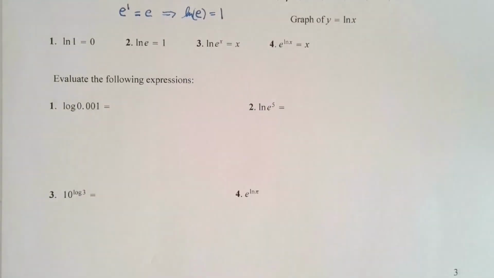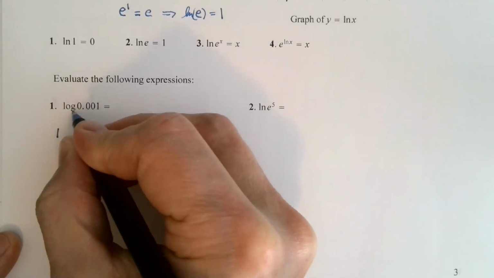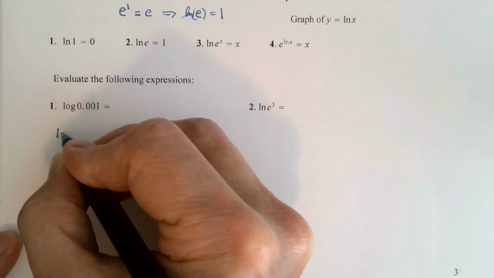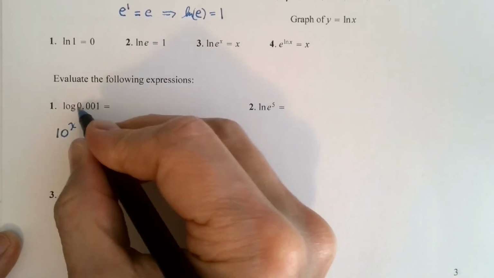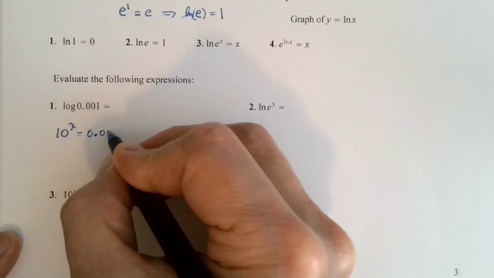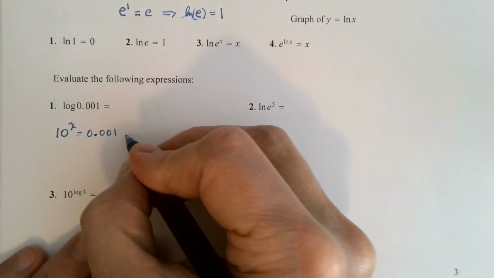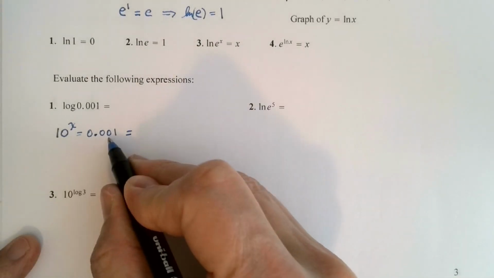What's log of 0.001? So what is log? There's no base. What does that mean? No base means base is 10. So 10 to the x, what I'm looking for, the logarithm, is what? 0.001. Now, what is 0.001? This is the tenths, hundredths, thousandths.